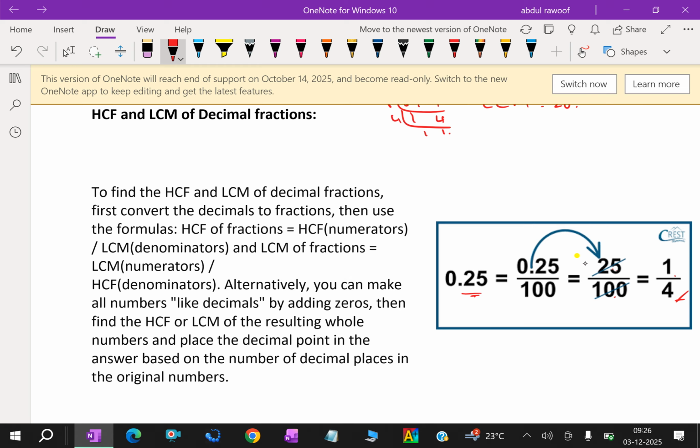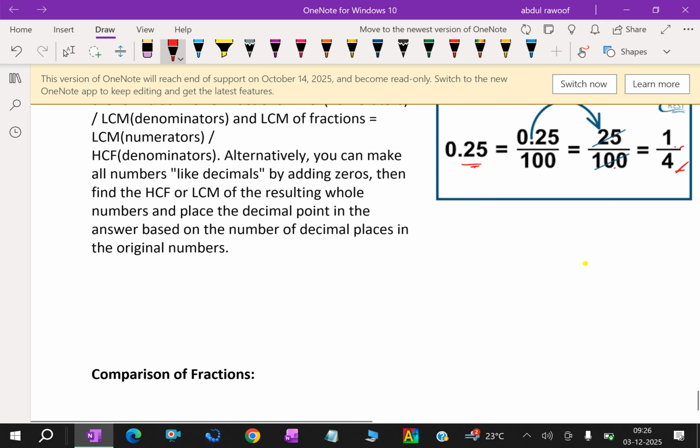That means if decimal numbers are given, convert them all into fractions, then use the formula.